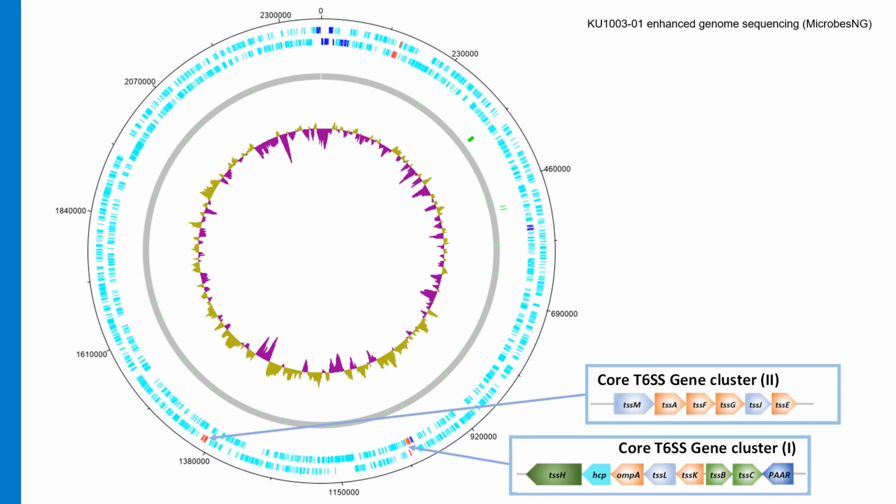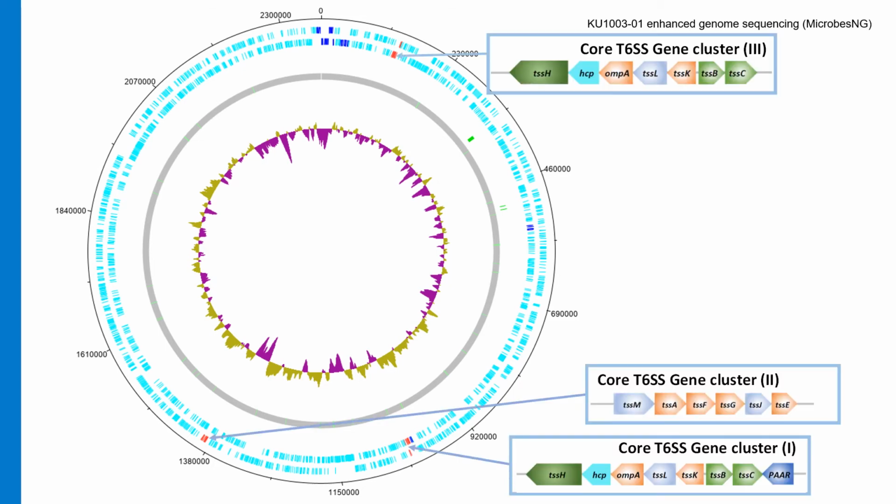So what we found is that we've got that core type 6 secretion system gene clusters. Actually, it's divided into 2 clusters in different places on the chromosome, but that makes up that whole structure, the mechanism of the type 6 secretion system that sits in the membrane. What we didn't expect is that the type 6 secretion system has a duplicate.